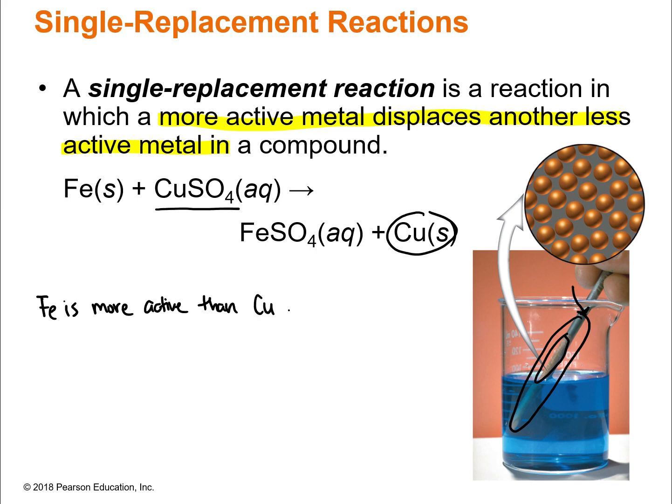So if copper is in a solution, the iron will replace the copper in the solution. And that's what happened. So the copper becomes just solid metal, and the iron becomes a part of the solution.